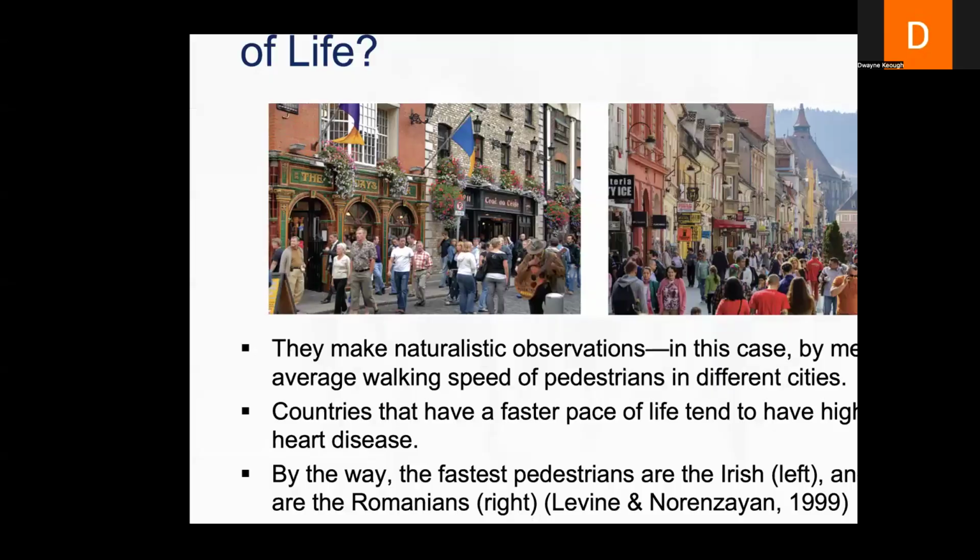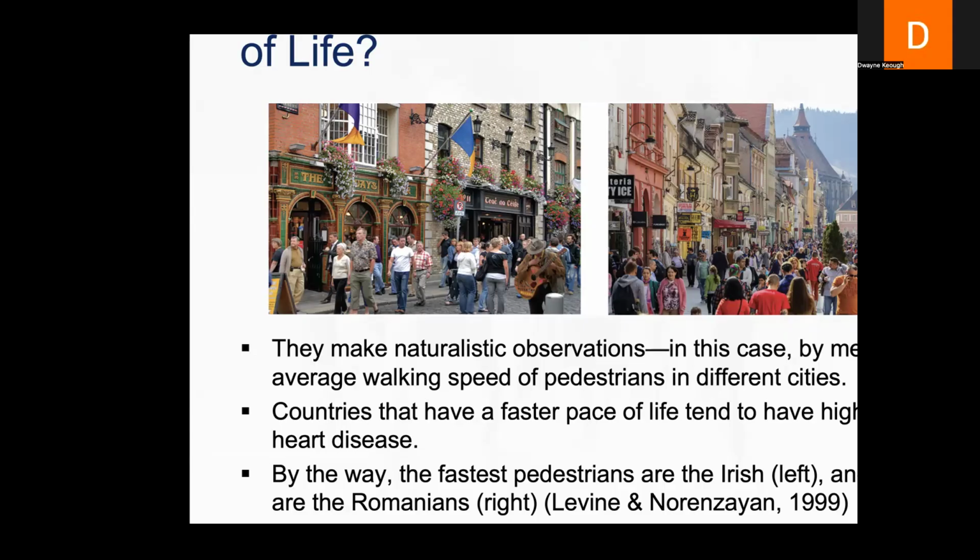One of the examples the textbook uses here is how do we measure something like a pace of life, the hustle and bustle of the city street? If we were naturally observing a scene like this, I think you could see how easy it is to fit in without standing out because there's a lot of tourists, there's a lot of people, so no one's really looking and probably thinking about themselves being observed.